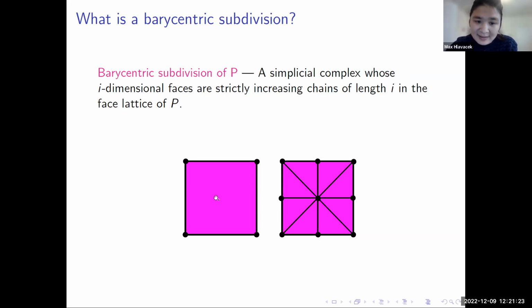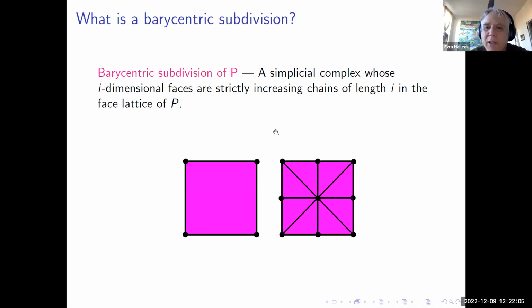So we put a vertex inside it because that represents the 2-dimensional face. Then we put a vertex on each edge. And we also put a vertex for each vertex, but those are already vertices, so we don't have to do anything there. Then we connect everything up, taking convex hulls where it makes sense, and we get this barycentric subdivision. Basically, we take a convex hull between these new vertices if they form a chain in the face lattice of the original polytope. Does that answer your question?